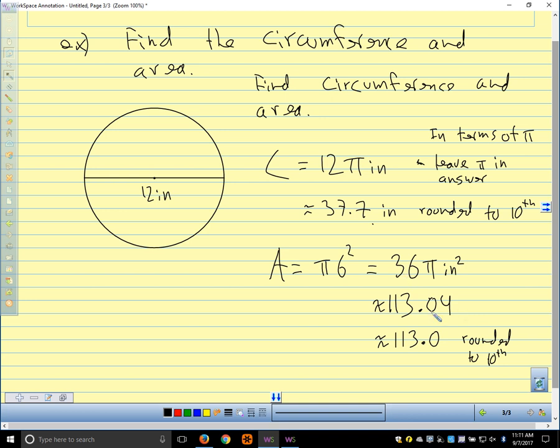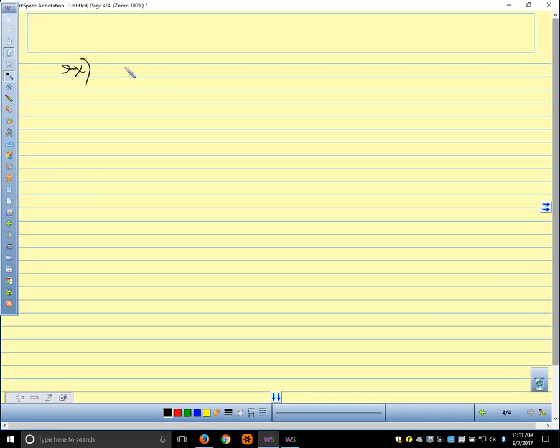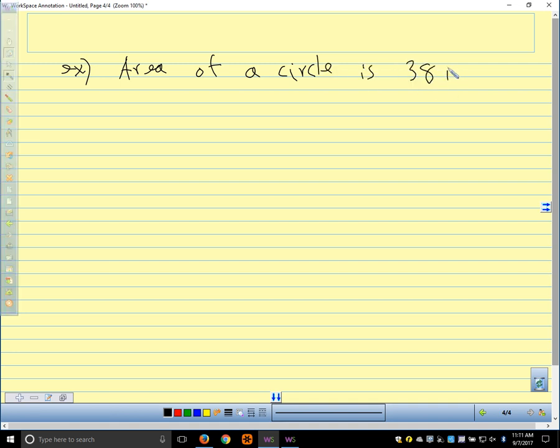Okay, I want to do another example with circles where we kind of work in reverse. So we say the area of a circle is 38 square inches. Find the radius.